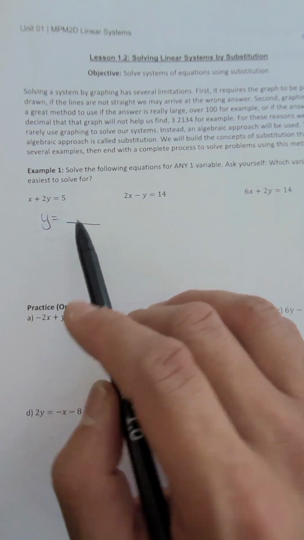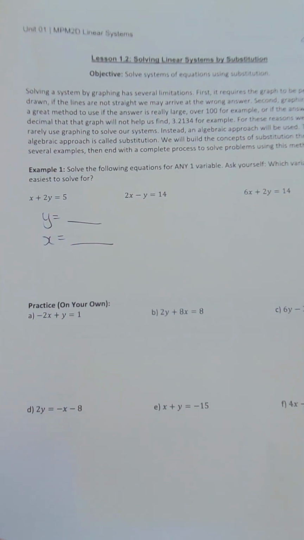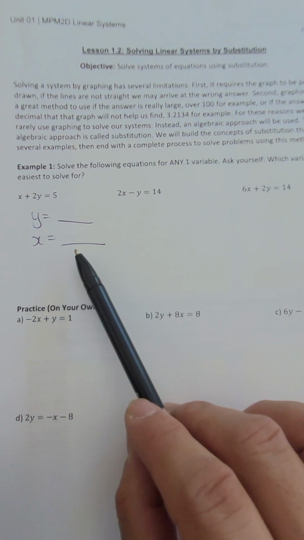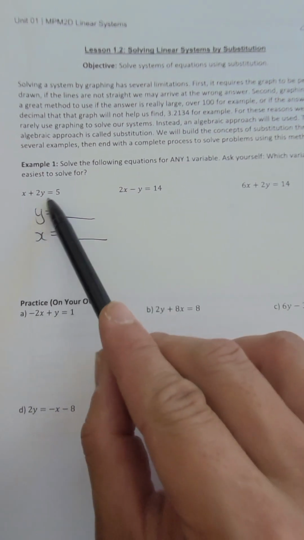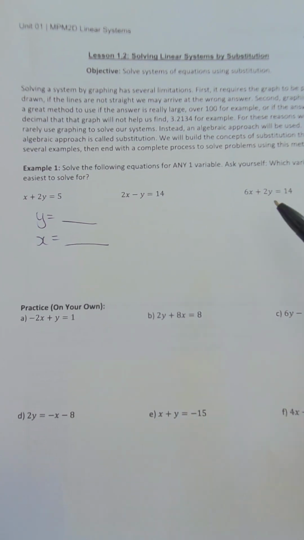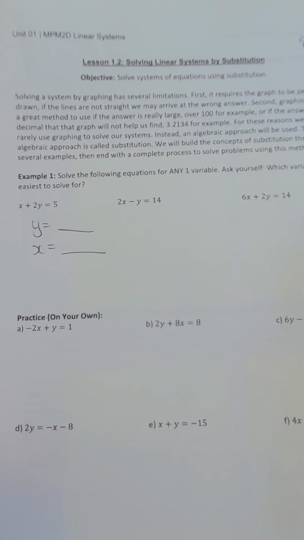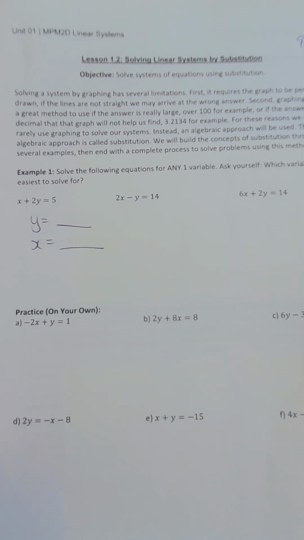You can do it this way, or you can do x equal to whatever. Okay, the whole purpose here is for you to look at an equation and see which variable is easier to isolate. Is it easier to isolate x, or is it easier to isolate y?